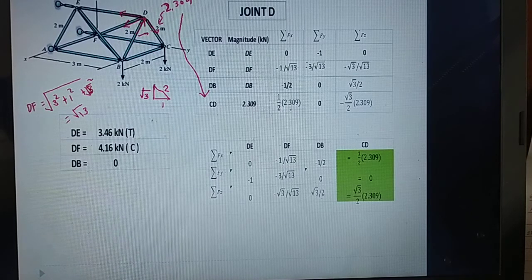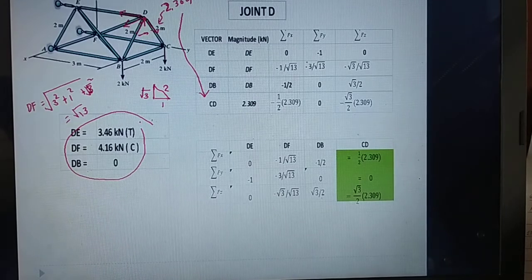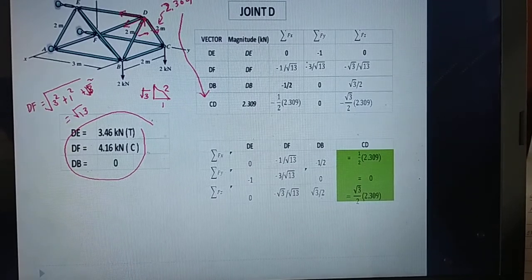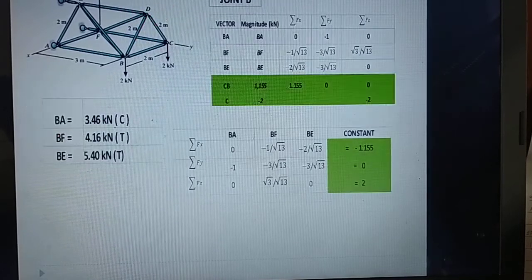So multiply it, then transpose it to the other side, and the calculator will give you the answer. So DE is a zero member, and DF is 4.16 compression. Then having the stress, compression or tension, you can proceed to joint B.